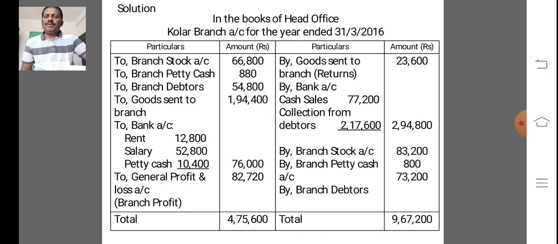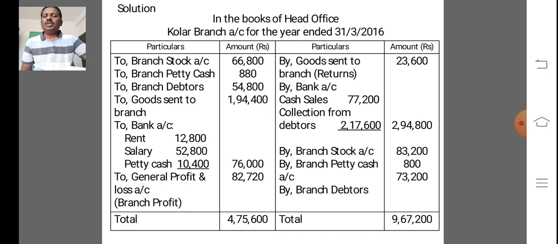Based on the format, we first debit the opening assets, with the value of assets at the branch at the beginning of the accounting period: branch stock account 66,800, branch petty cash 880, branch debtors 54,800. These are the opening assets.